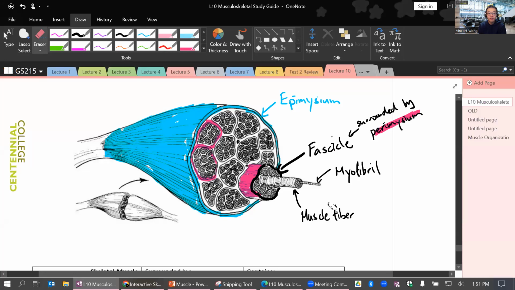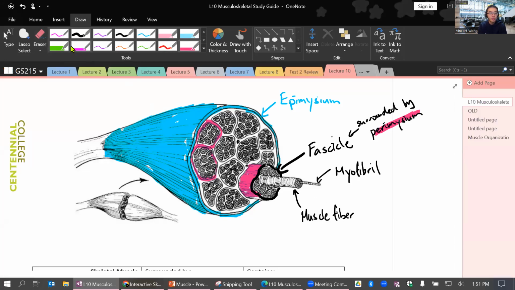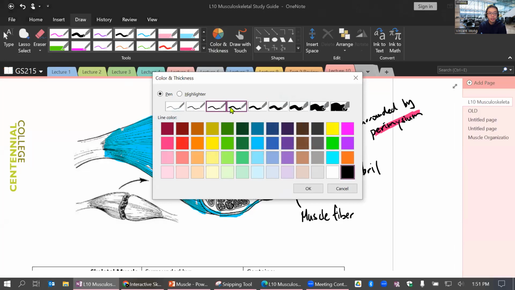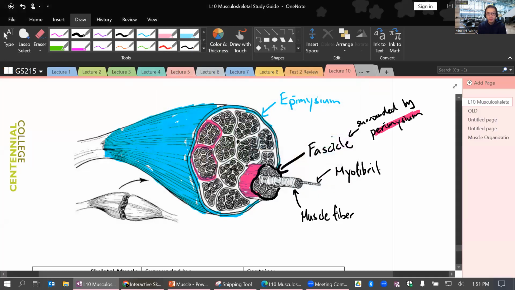What about the muscle fiber? What is the muscle fiber surrounded by? Yeah, that's right, Mavis. Thank you. That is the endomysium. And that would be right here.